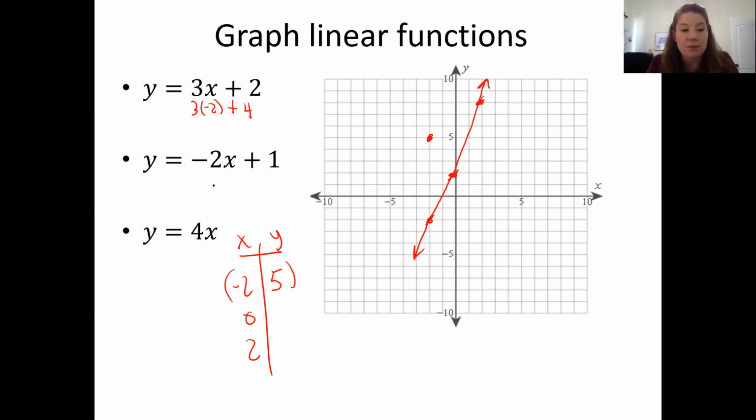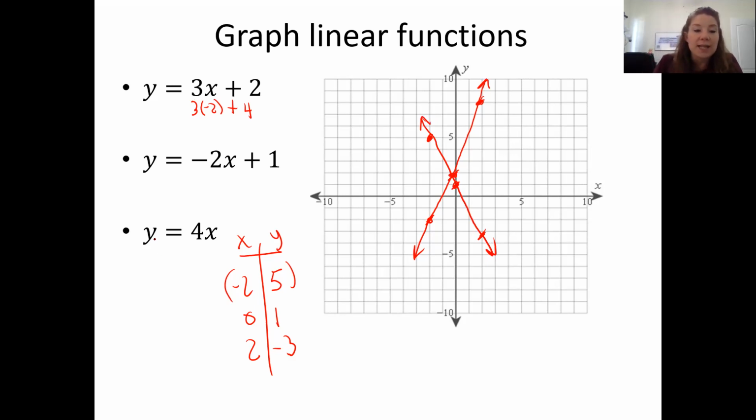So -2 times 0 is 0, and 0 plus 1 is 1. So don't go right or left, but go up 1. And then finally, -2 times 2 is -4, and -4 plus 1 is -3. So I'm going to go right 2, down 3. And I've just graphed this linear equation from a T-chart.